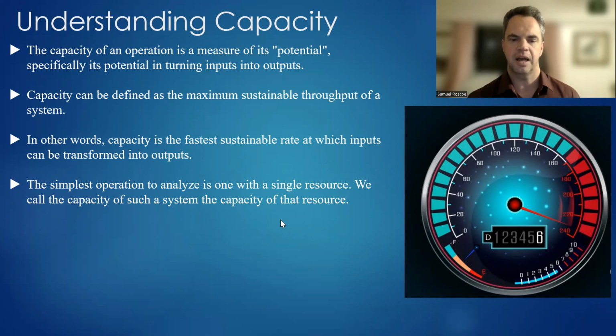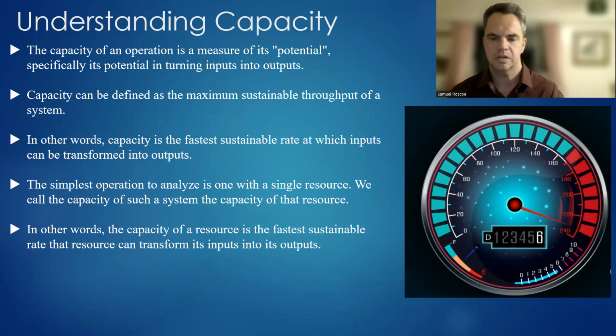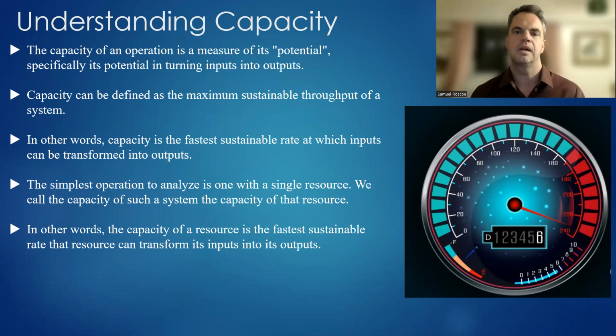The simplest operation to analyze is one with a single resource here. So we can say the capacity of such a system is the capacity of that resource. For example, if we have an individual who is going through a restaurant, we are going to have a set number of tables, a set number of servers, and a set number of materials coming into the restaurant, and we will only be able to sit a fixed number of people at any one time due to the capacity or the space of the restaurant and how it's laid out.